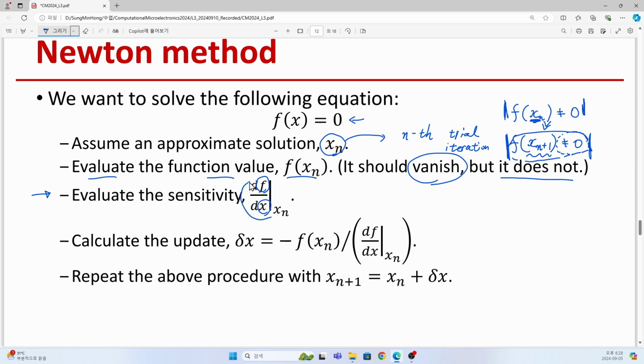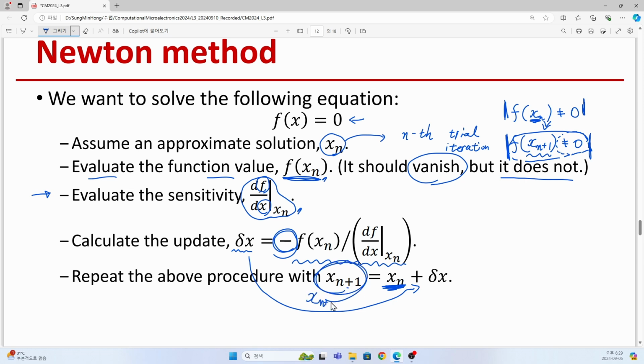We can evaluate this once we have the known form of f of x. Then by using these two numbers, the function value and its sensitivity, and by taking this division and taking the negative sign, we can calculate the update value.